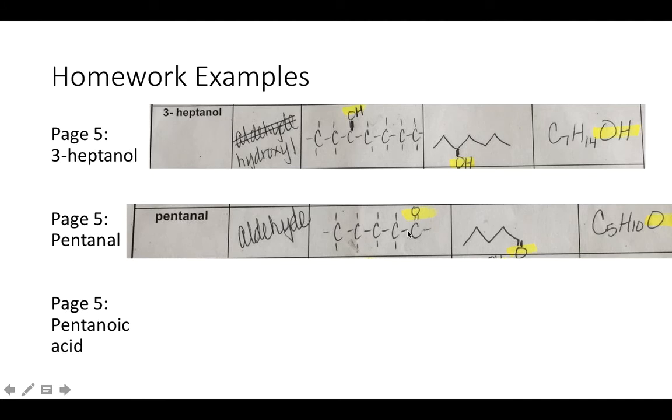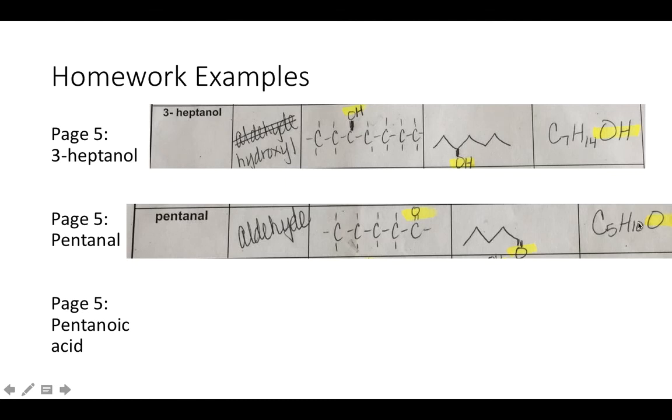So 1, 2, 3, 4, 5, that's pentane. Instead of pentane, I'm going to change the suffix to "-al" because I have an aldehyde right there. It's a double bond oxygen. There's your molecular formula, structural formula. There's your line formula. There's your molecular formula.